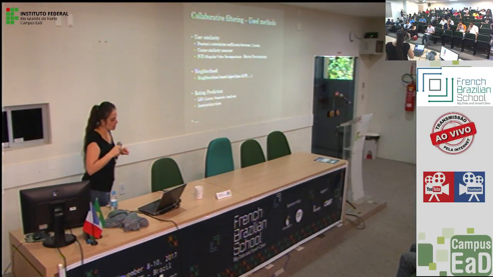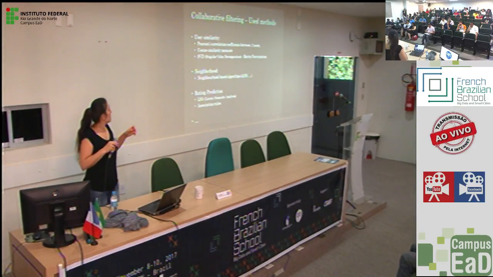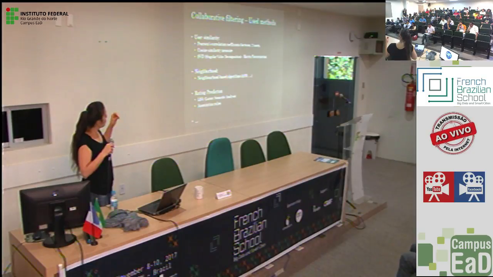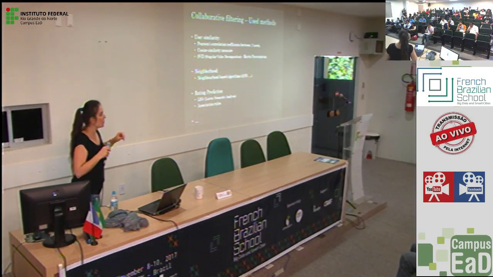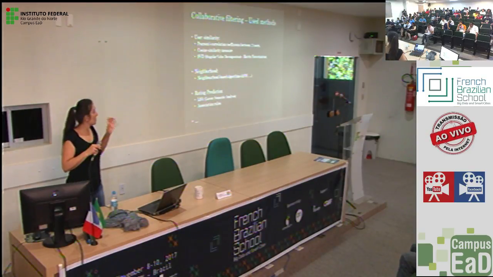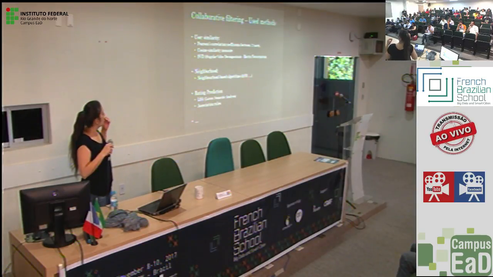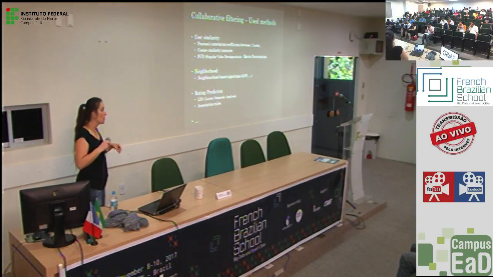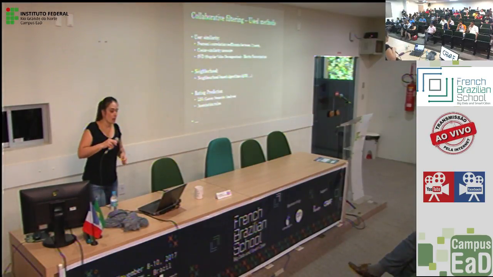In collaborative filtering, there are some classically used methods. Because it's based on user similarity, we use methods like the Pearson correlation coefficient, cosine similarity measure, or singular value decomposition and matrix factorization. To find the neighborhood of a user, we use, for example, neighborhood-based algorithms like KNN.